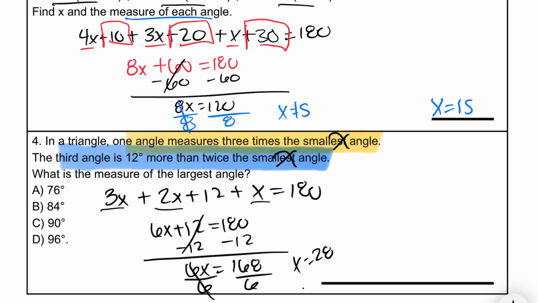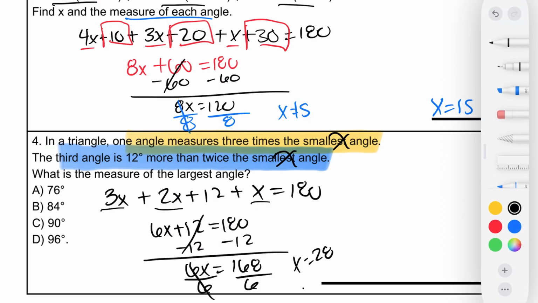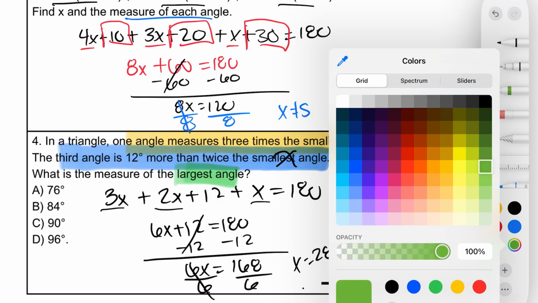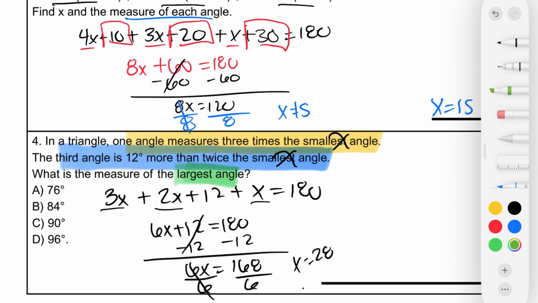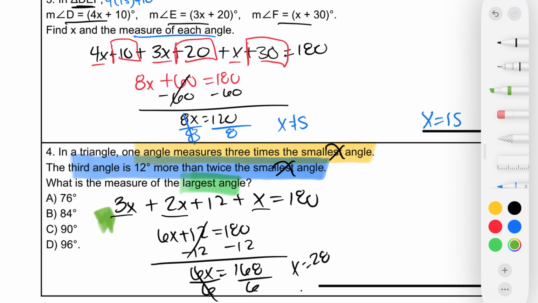But they didn't ask for x, and if you look at the answer choices, none of them are 28. So if you go back and read the problem, it asked to find the largest angle. And it didn't say which one was the largest, so what you have to do is plug in and see which one gives you the biggest number. So we'll do 3 times 28, which is 84.